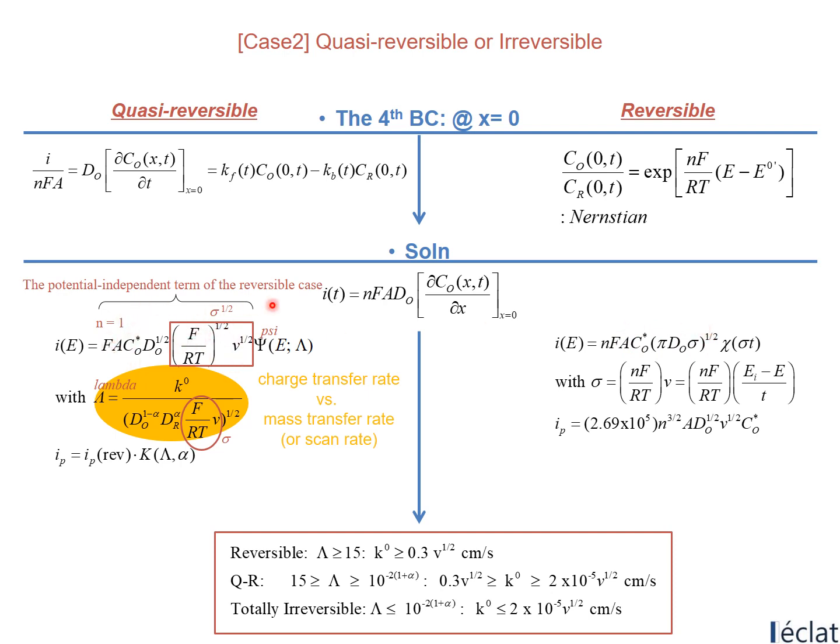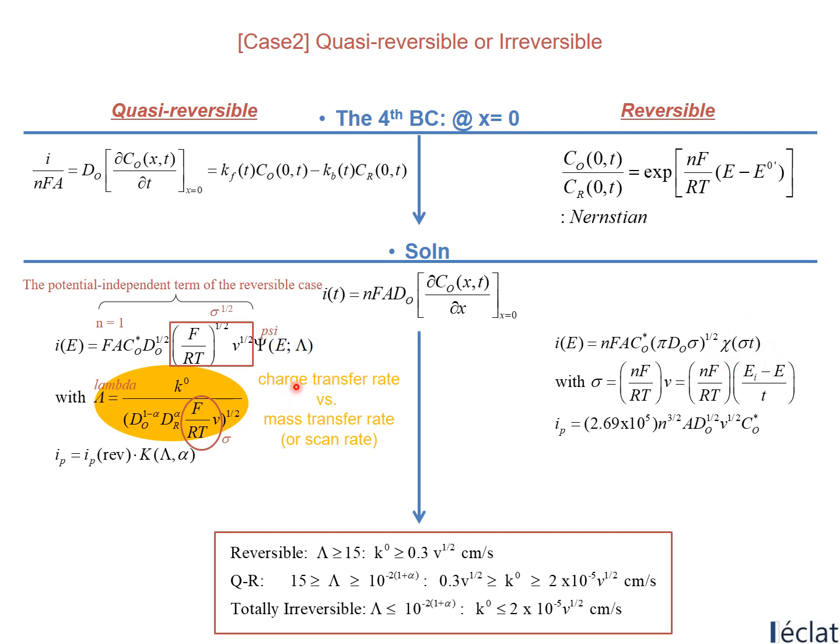And then let's go to the second term, which should be potential dependent. I have used the character chi for the reversible systems. However, for the quasi-reversible systems, I'd like to use psi as the name of the function, because the functions are different from each other. This capital psi function is a function of potential, like in the reversible systems.